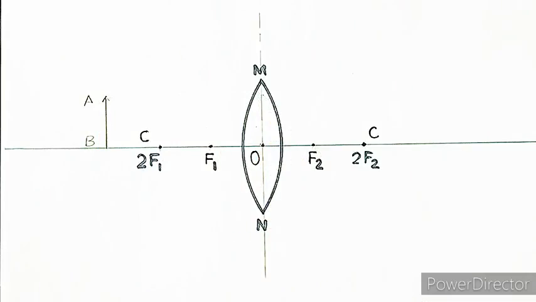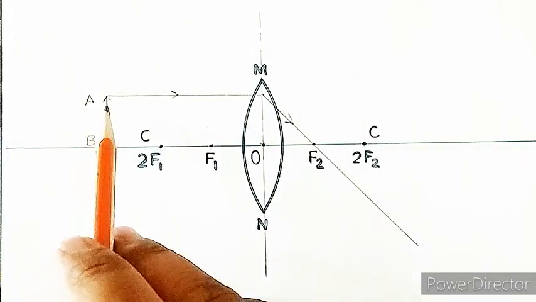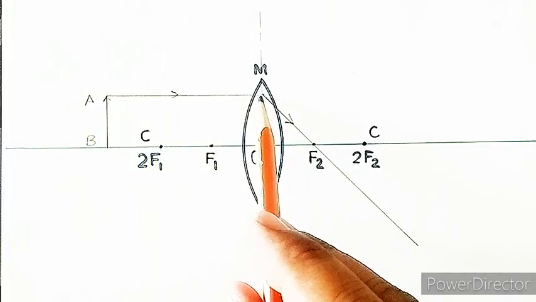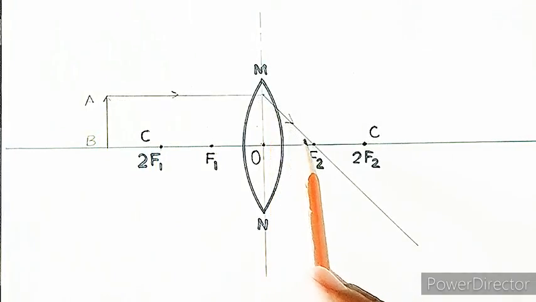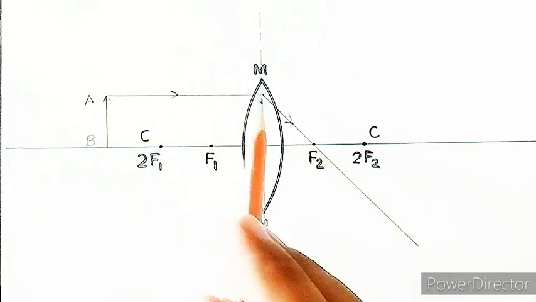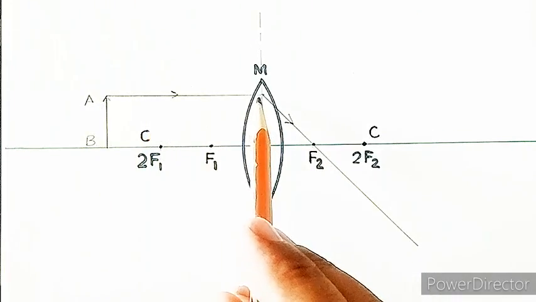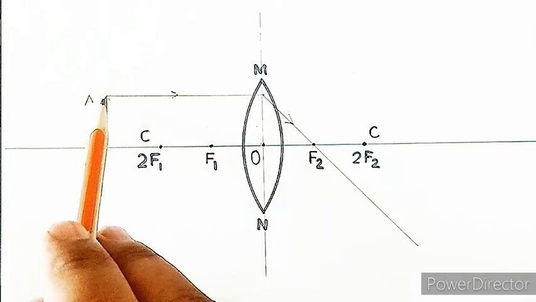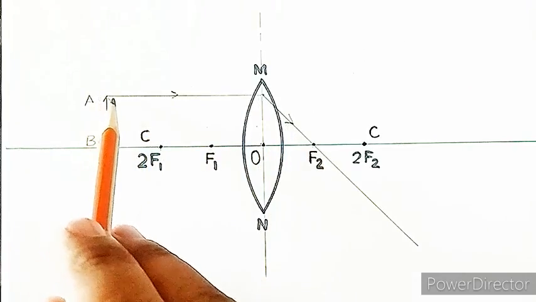So let's draw that. So here it is, a ray of light which is parallel to the principal axis. After refraction through a lens, it is passing through the principal focus on the other side. Now the second ray could be something opposite to this one. Opposite, a ray of light passing through the principal focus.